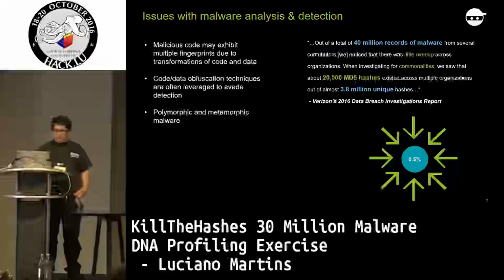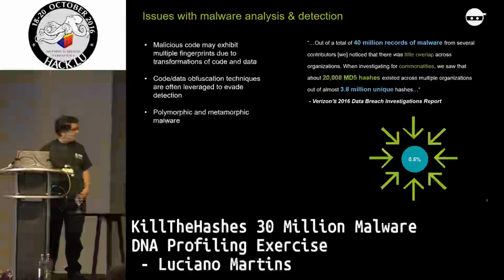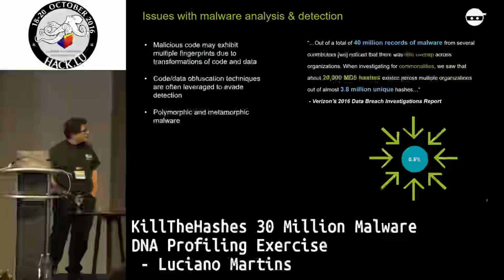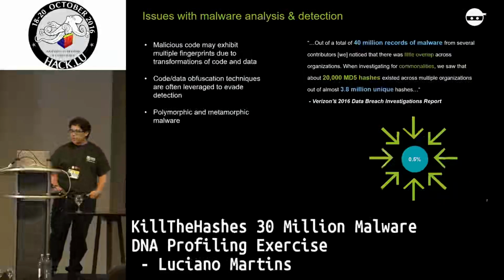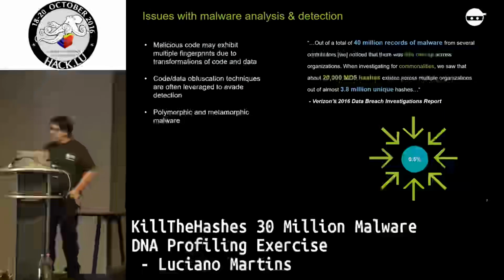In terms of data obfuscation techniques, trying to evade detection from antivirus companies, and also polymorphic code and stuff like that. So we knew it was going to be quite complicated to do actual profiling or clustering of malware, right?